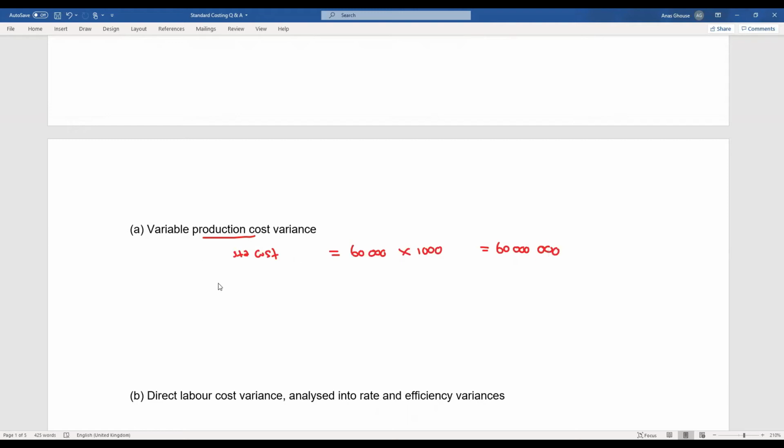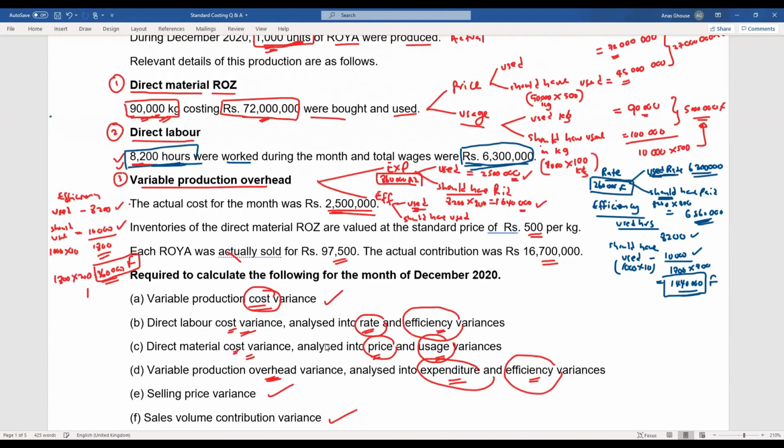Whereas we have paid, under direct material, direct labor, and production overhead, how much have we actually paid? You can take it from here.